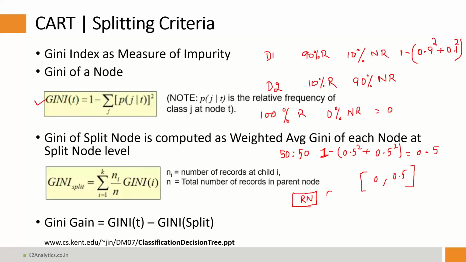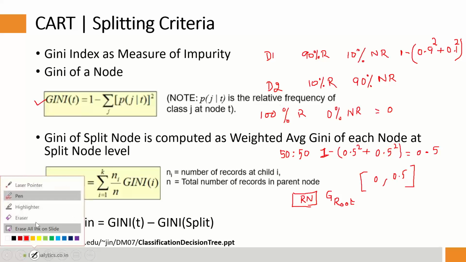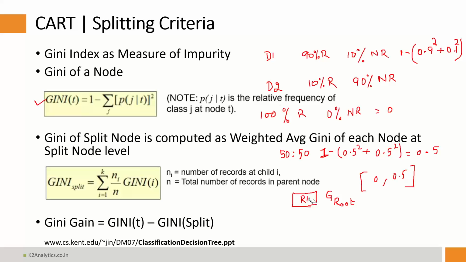So this root node will have a certain Gini value depending upon the proportion of your response and no response. So this is your Gini of the root. Or probably what I'll also do is remove this RN and type here 'root', because otherwise you will have some confusion. So this is my root node, and here I have computed the Gini of the root.